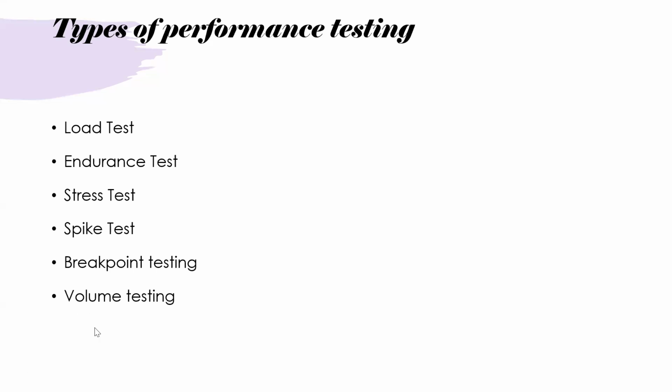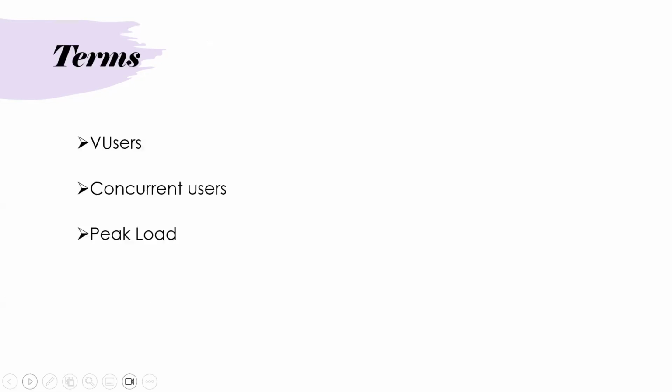With this performance testing type, we are going to discuss the performance testing type definition. Before I discuss this definition, I would like to introduce a few terms that we use in this definition. First one is virtual user. Virtual user means the way we emulate real user behavior.